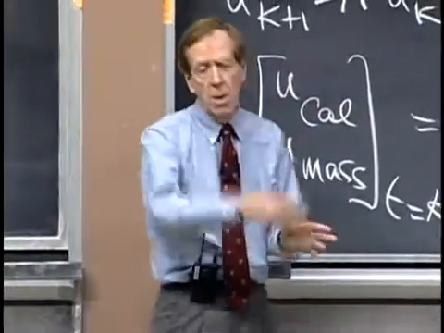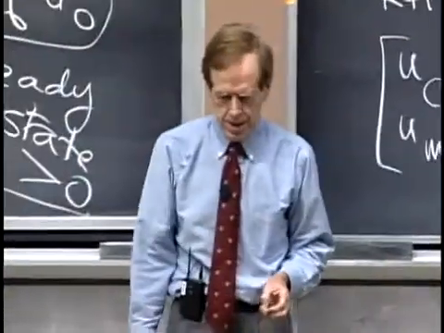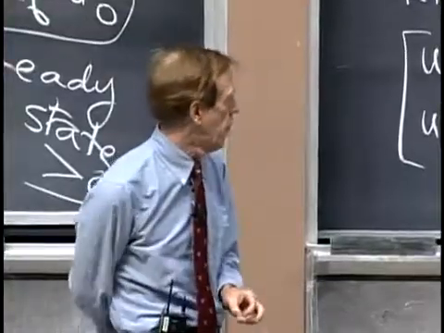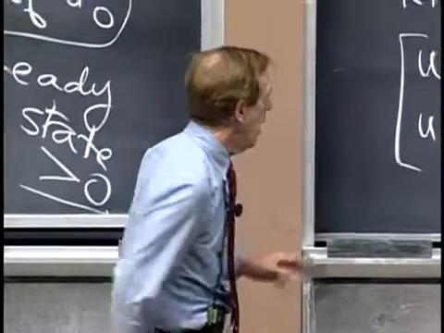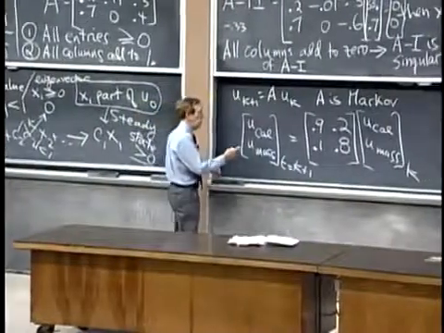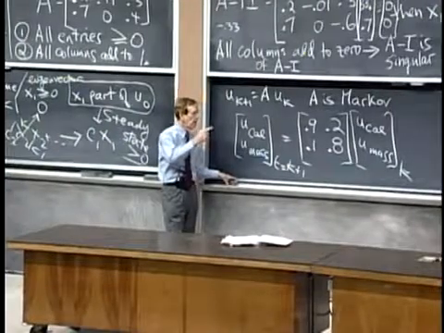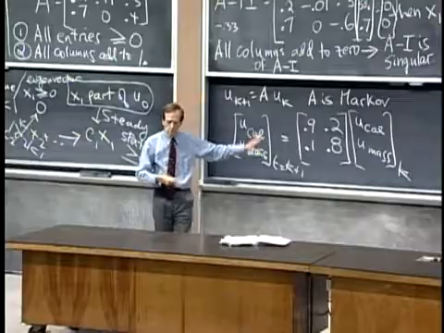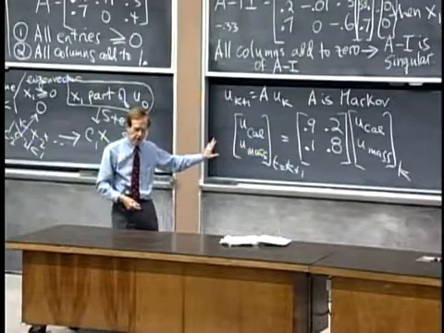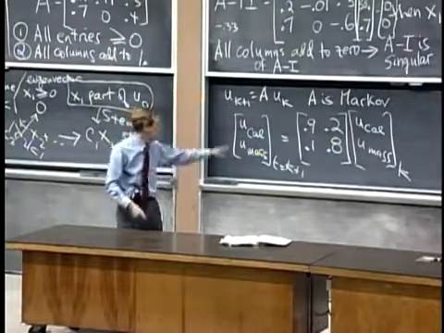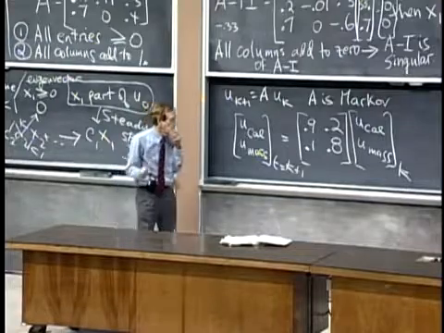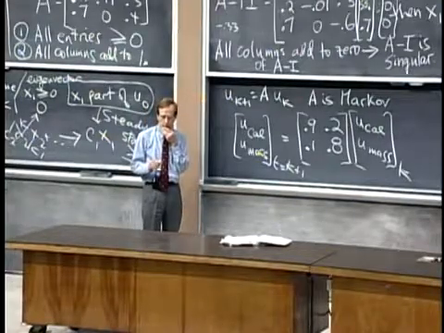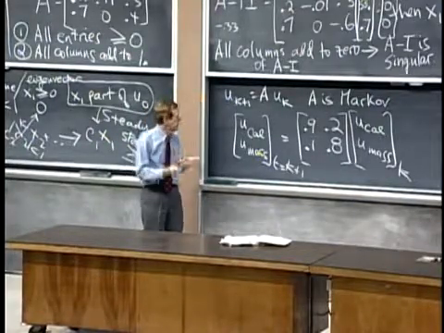Or actually, where will they be, like, way out a million years from now? I could take the powers of this matrix. In fact, you ought to be able to figure out what is the 100th power of that matrix. Why don't we do that? But let me follow the steady state.